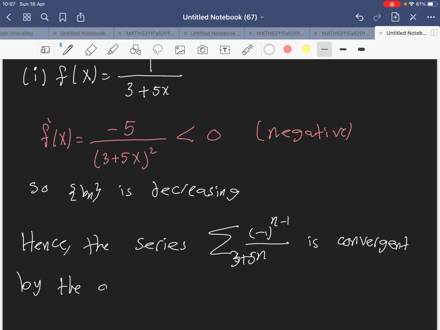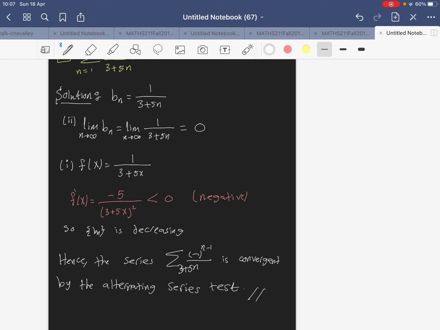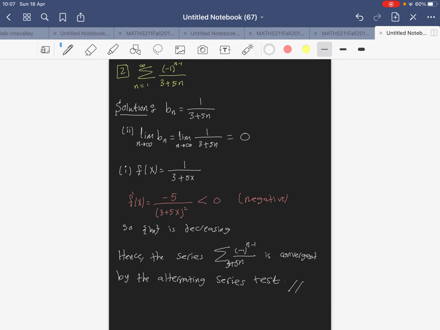By the alternating series test. And that's it. Or by AST. I hope this example was clear enough to show the alternating series test.